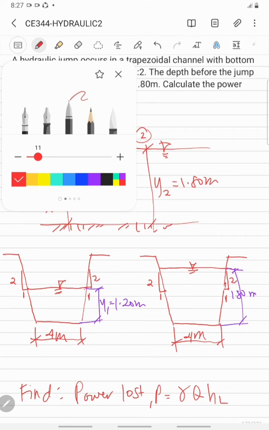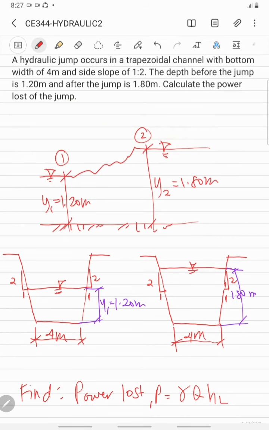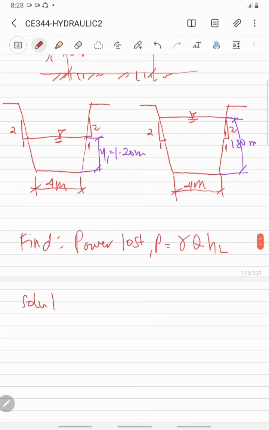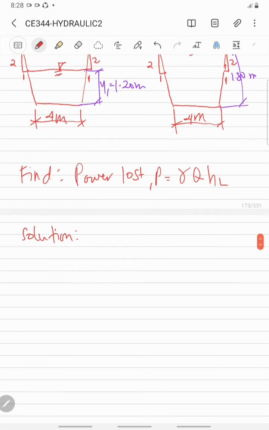For the area of flow of a non-rectangular section containing a hydraulic jump, we need to determine the centroid of the section from the water surface. Since our section is trapezoidal, it is easier to determine the centroid from the water surface by dividing this into a triangle and a rectangle.